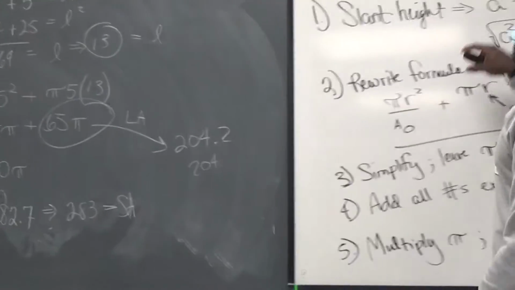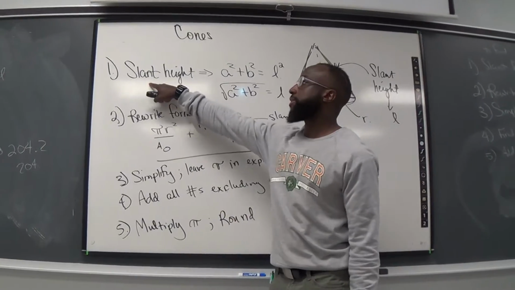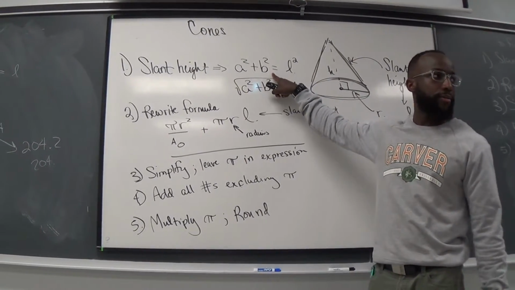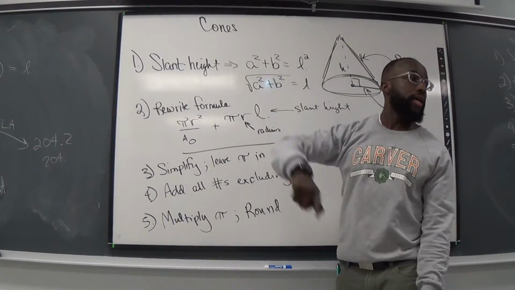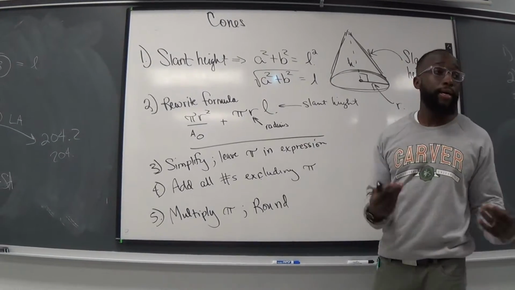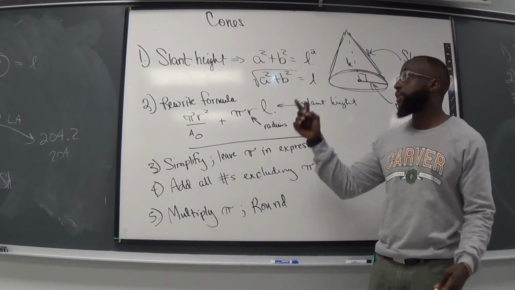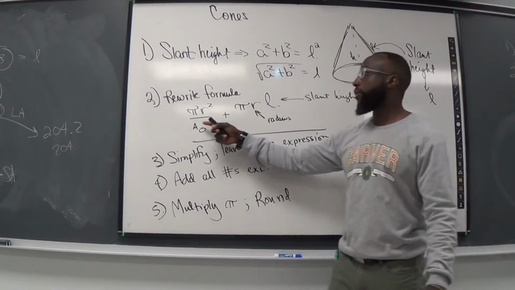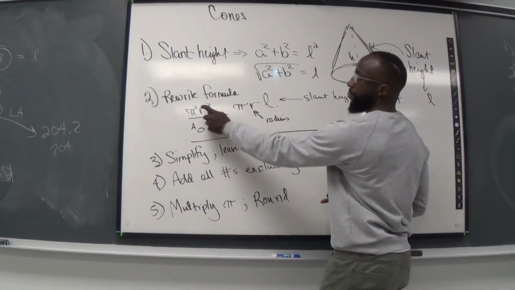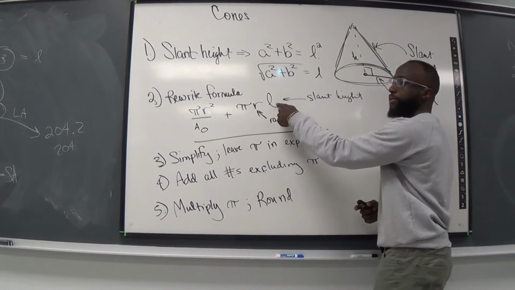So again, first thing you're going to do is find the slant height by using the Pythagorean theorem. For every cone, you find the slant height first. Now sometimes they're going to give you the slant height so you can just go straight into the formula. Then you're going to rewrite the formula using your radius and your slant height.